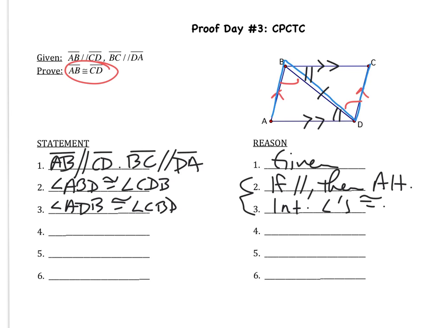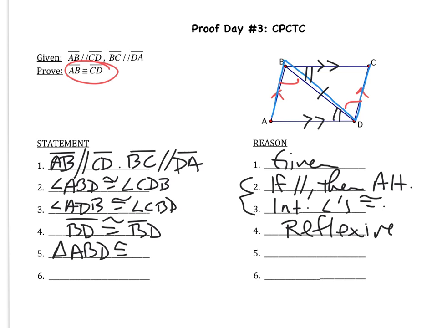So I just lumped 2 and 3 together instead of having to write the same one twice. From there, we heard that BD is congruent to BD, and our reason was reflexive. Then we had triangle ABD congruent to triangle CDB, and that was because of ASA. Very good. And then AB is congruent to CD, CPCTC.